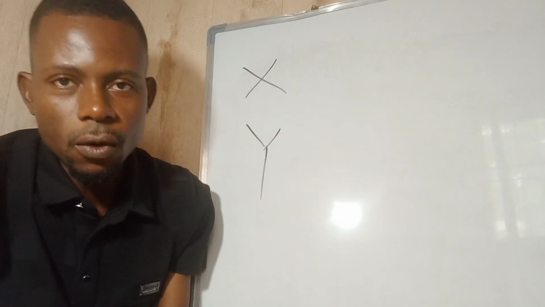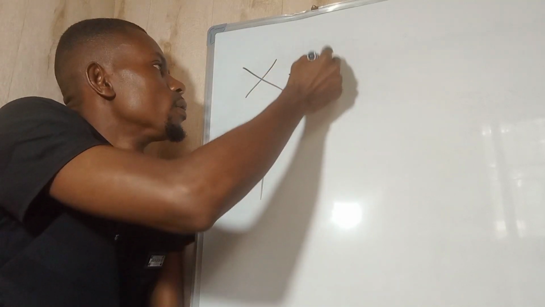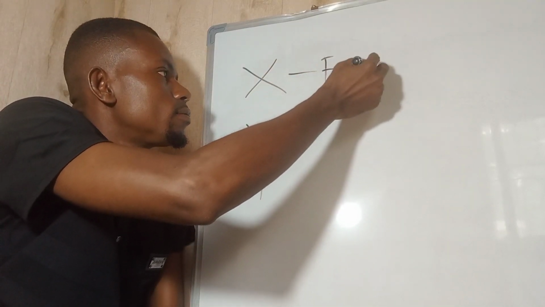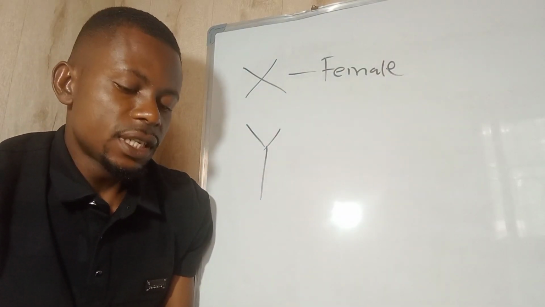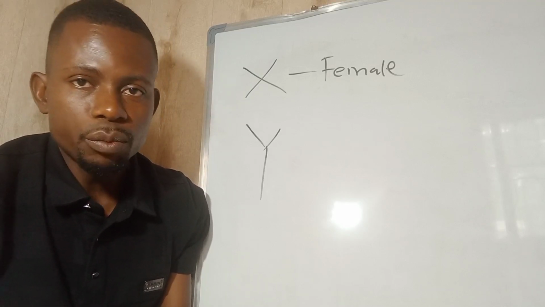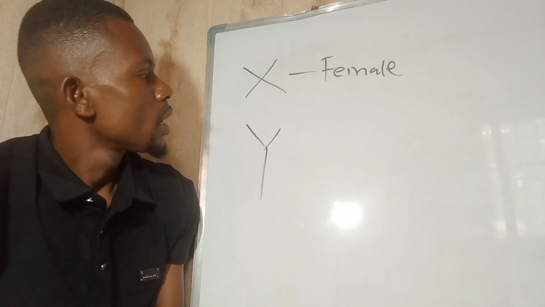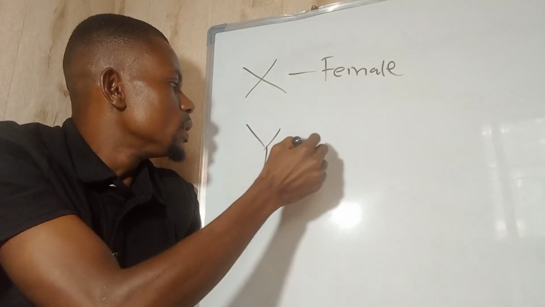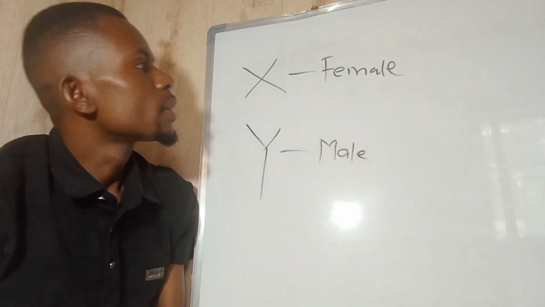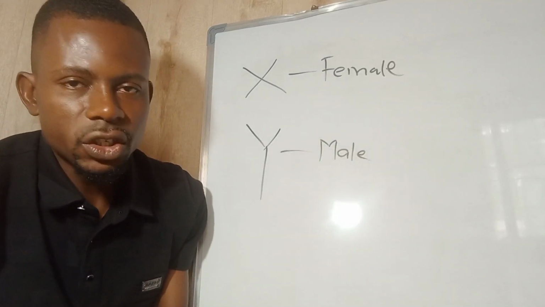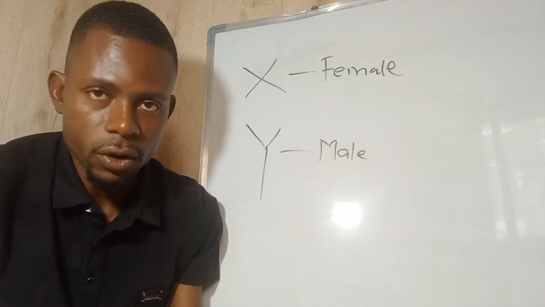So the X chromosome is the female chromosome. It contains the genes that make your baby a girl. While the Y chromosome is the male chromosome, and it contains the genes that make your baby a boy.